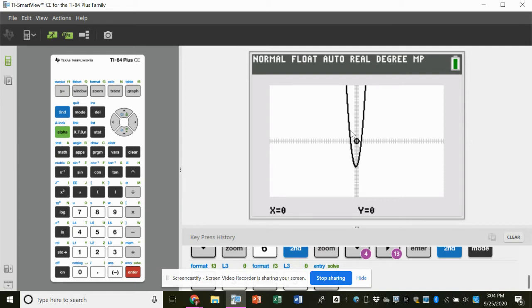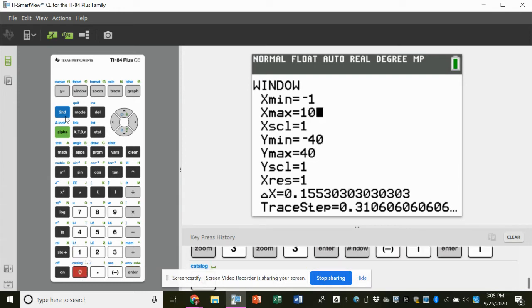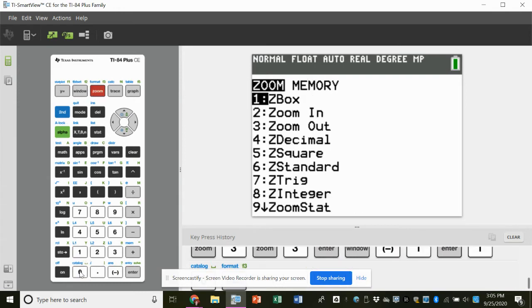I don't love this particular view where we did a zoom standard and then zoomed out because it's really hard to see our units. So this is where if we go into window and we set our X min to -10 and our X max to 10, what we can do is do that zoom 0 to zoom fit.